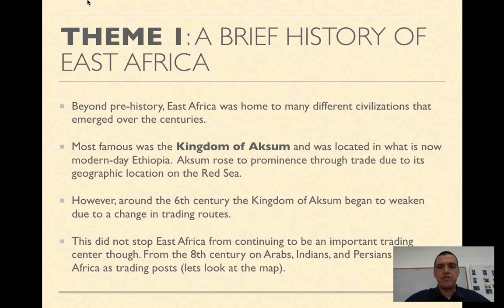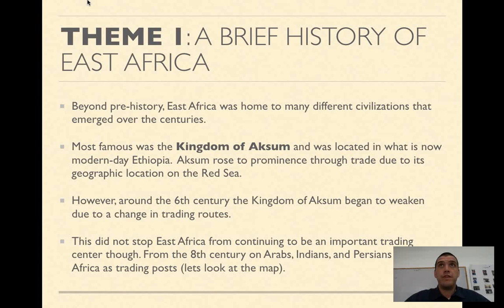But in the 6th century, the Kingdom of Aksum began to weaken due to a change in the trading routes, meaning that Aksum did a lot of business with traders from India. However, it wasn't until the 7th century that these traders from India figured that they could go up through the Persian Gulf rather than the Red Sea.